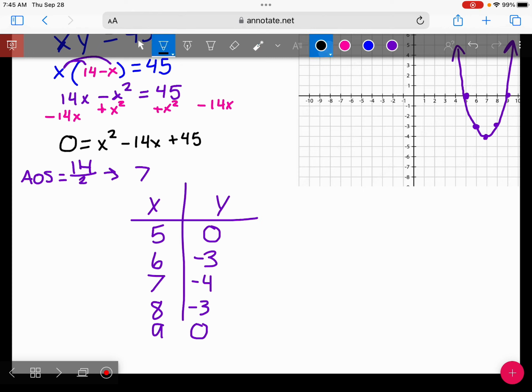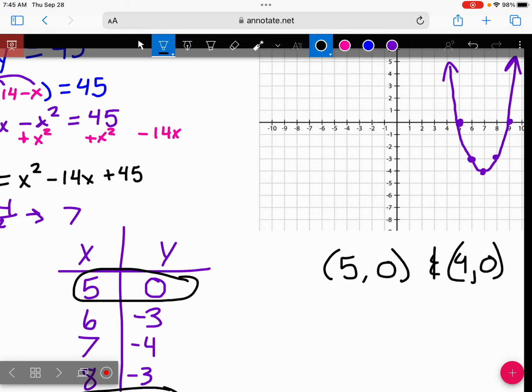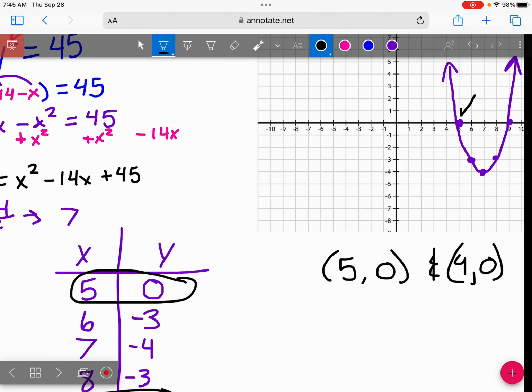So my solutions are at the points 5, 0 and 9, 0. We can see that in the table, and sometimes we can, and that's amazing, at 5 and 9. So we're looking for where our graph crosses or hits the x-axis.